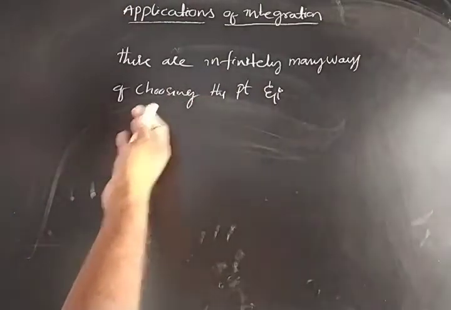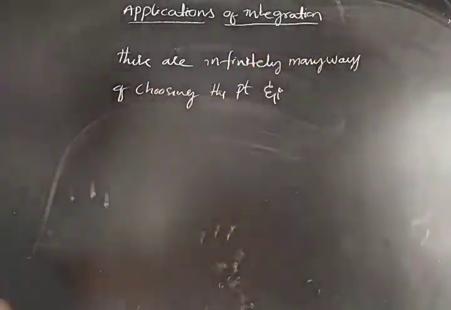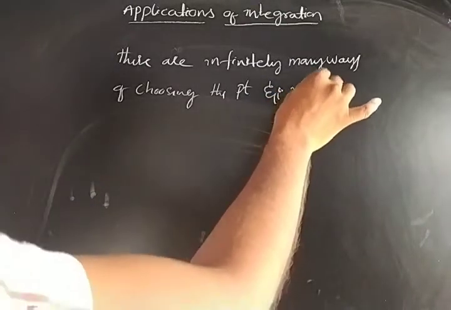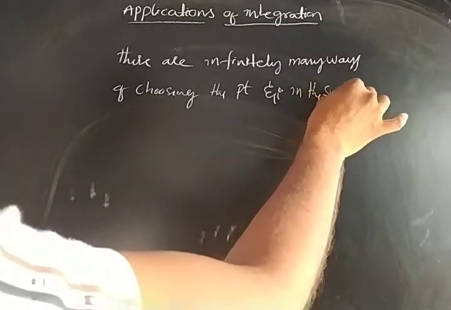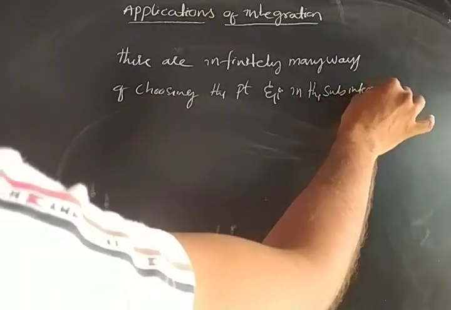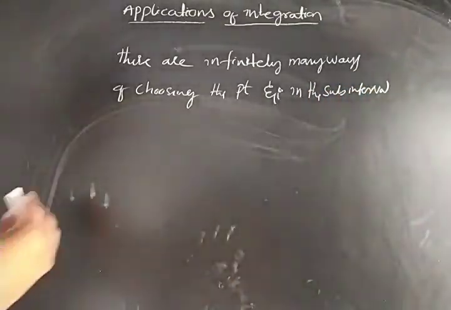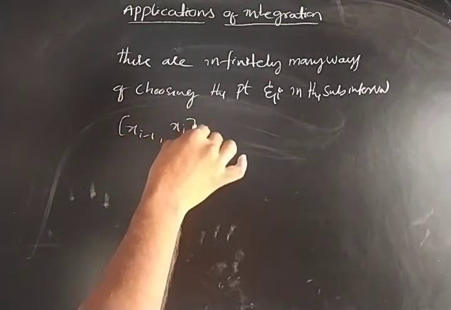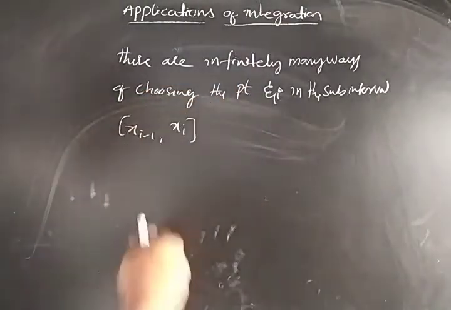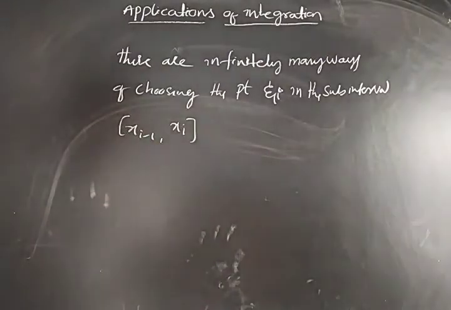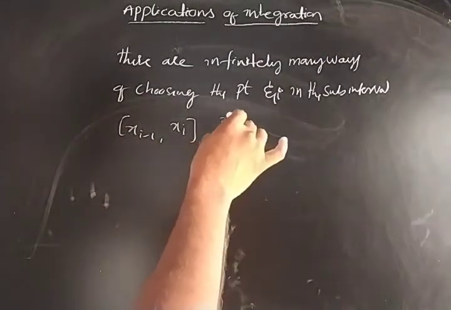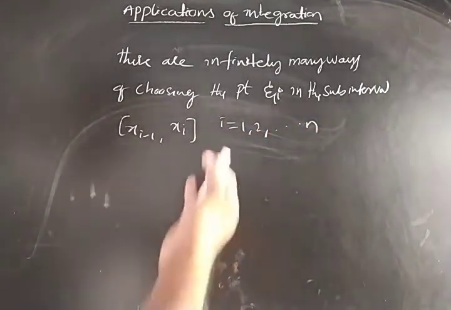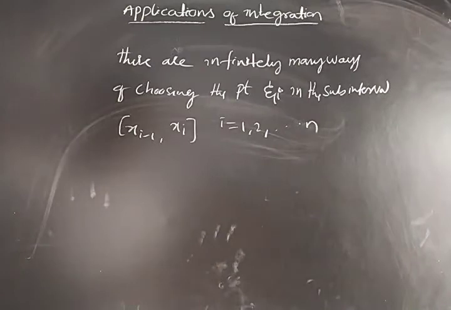There are infinitely many ways of choosing the point zeta i in the subinterval x i minus 1 to x i. I wrote x i to x i minus 1, actually x i minus 1 to x i, where i equals 1 to n. So each and every subinterval we will get by substituting i equal to 1 to n.